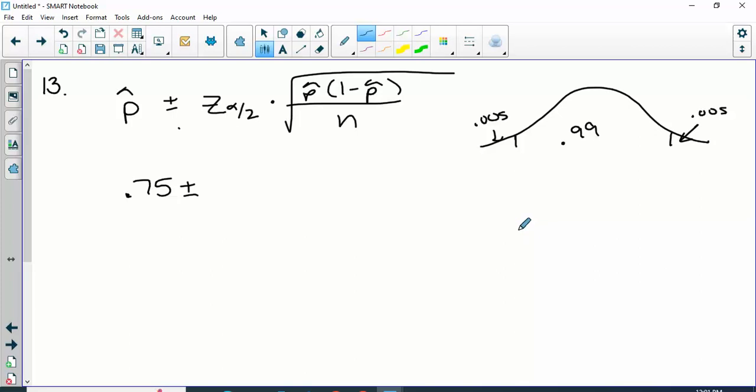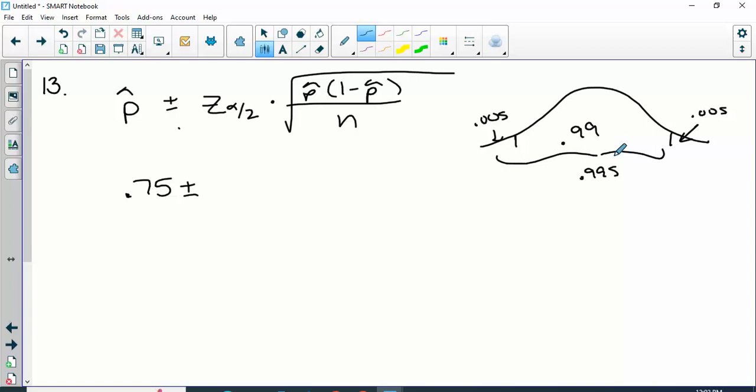So if I'm trying to find my z, what am I going to look up on my table? 0.005. That means there's 0.005 to the right, so to the left is 0.995. So you are looking inside your table, finding the closest to 0.995 that we can get.